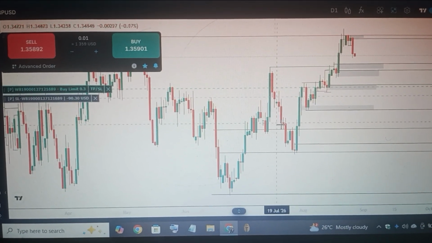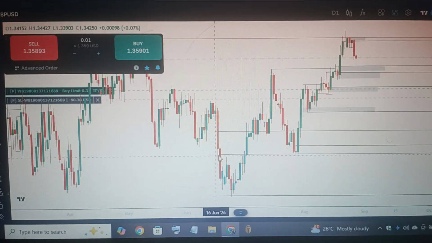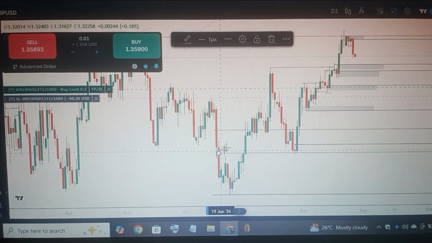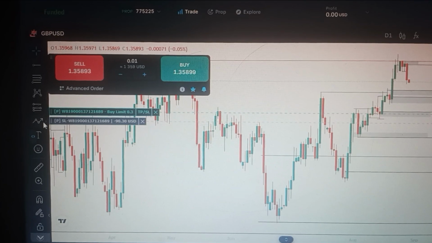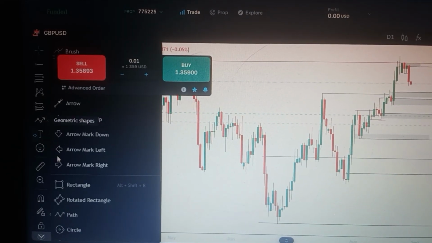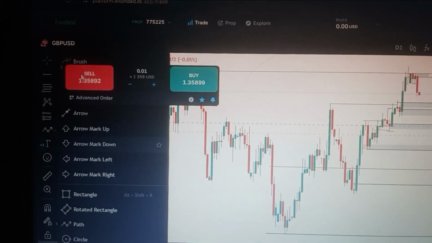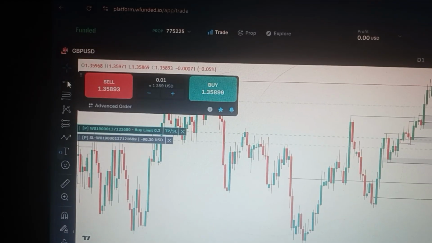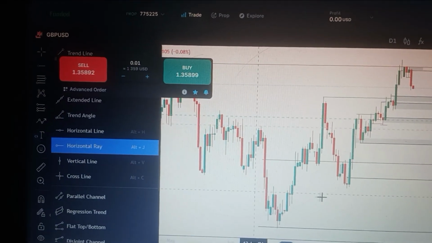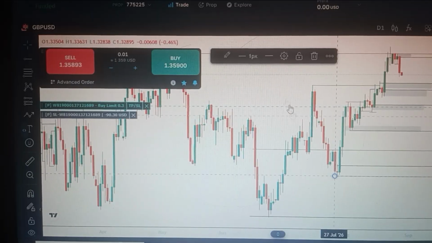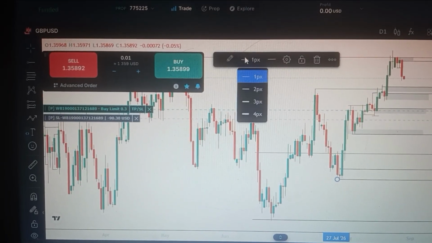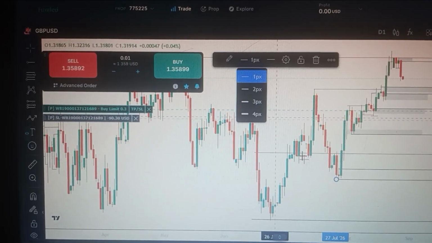Now you can see the structure here, and let me mark out the daily swing low, significant swing low, so that when I get to the next level, I will know how to explain. Let me change this color.